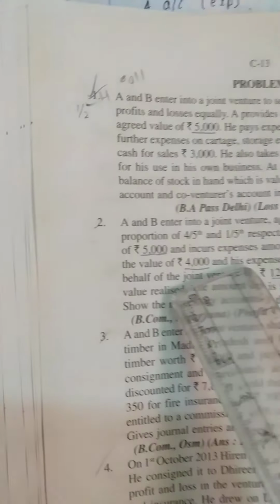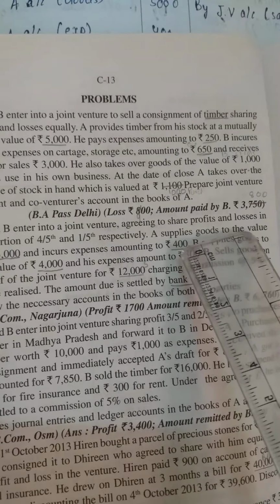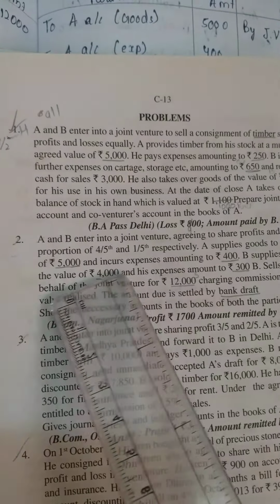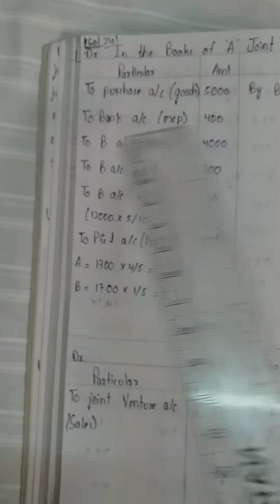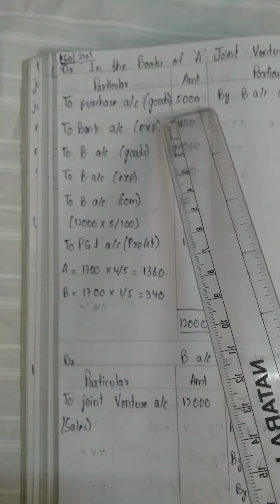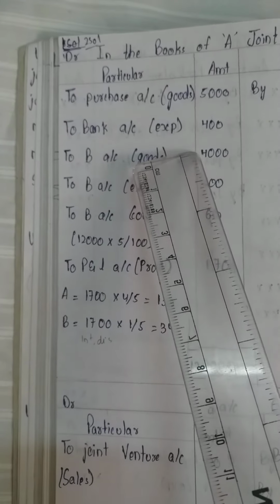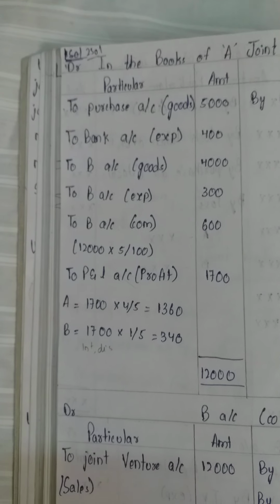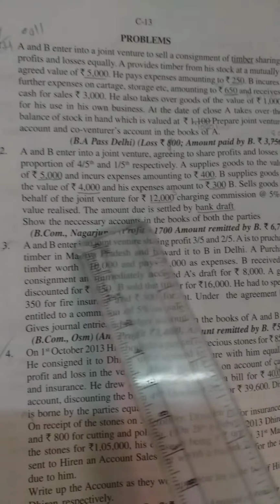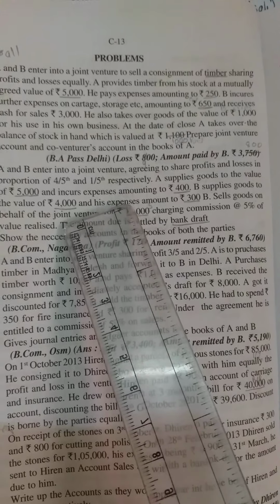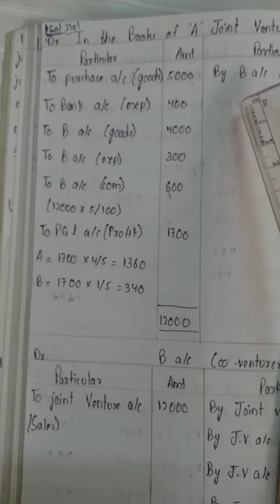You can see here, A supplies goods to the value of 5,000. So to purchase account 5,000 we have to write. Next, to bank account, expenses 400. Incurs expenses amounting to 400. So we have to write here 400.